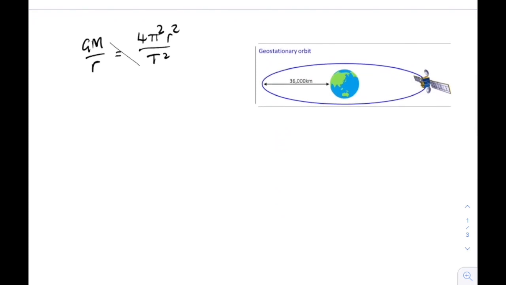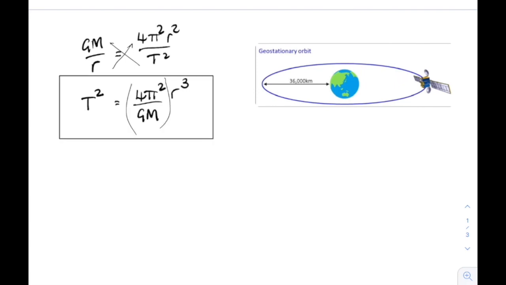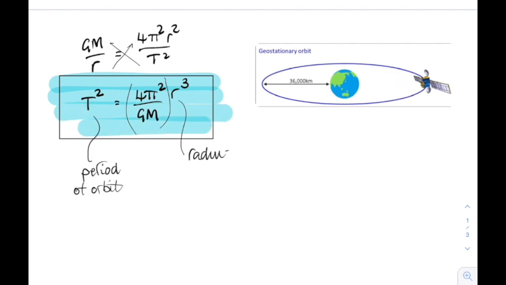So if we do a little bit of cross multiplication, let's move the T squared over to the left, let's take the r up from the left hand side, so it becomes 4 pi squared r cubed all over, and bring the GM down. Okay, and so we've now got an equation that gives us the relationship between the period of a satellite's orbit and the radius of its orbit.